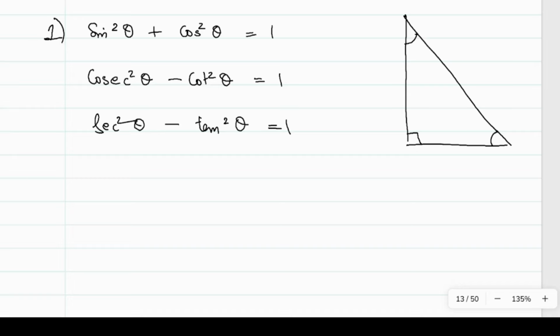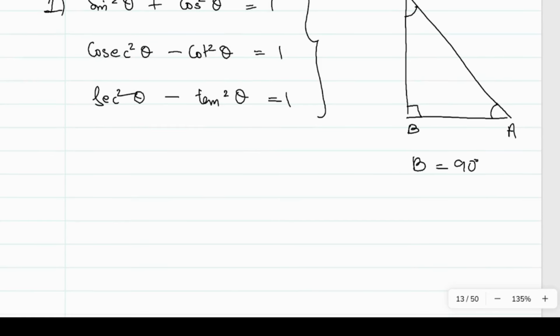That means if this is A, this is B, and this is C, angle B equals 90 degrees. And what about angles A and C? Angle A and C will be less than 90 degrees, right? So these three equations we will have to learn by heart. In order to do exercise 8.3, these equations are important.